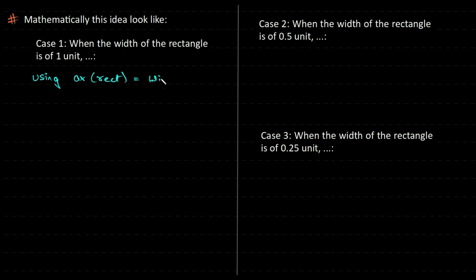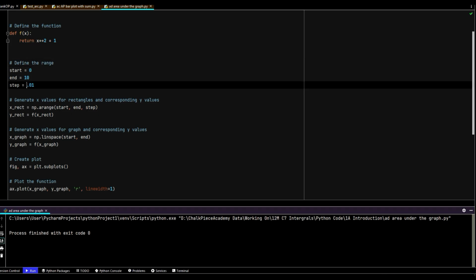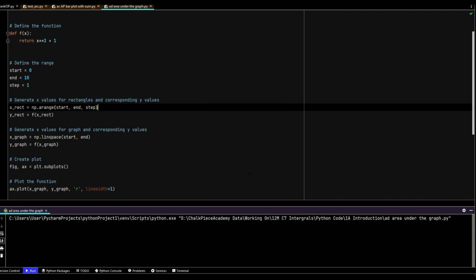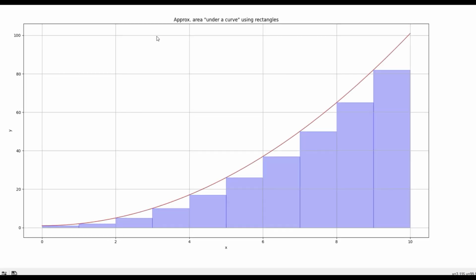That would suit this better. Right now, we have area under the graph to be equal to. So in case the width is 1 unit, right? So let me go back to that.